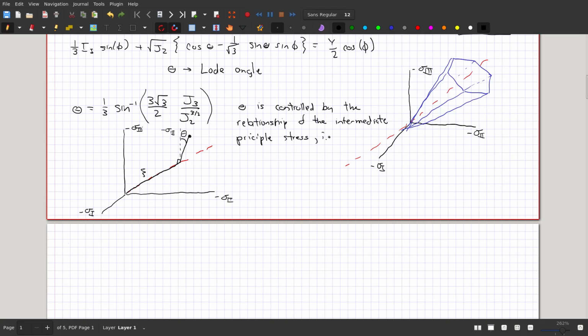So that is sigma 1 to either sigma 2 or sigma 3, depending on.